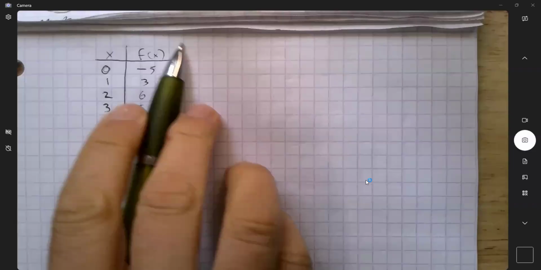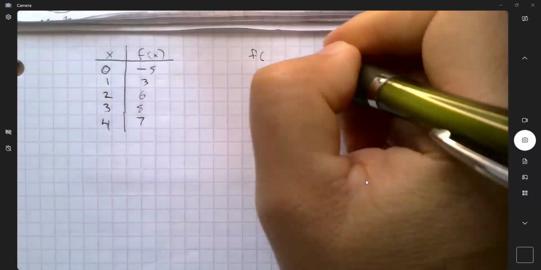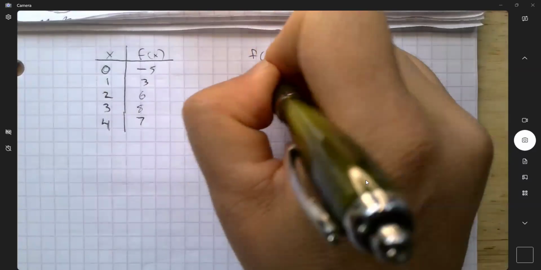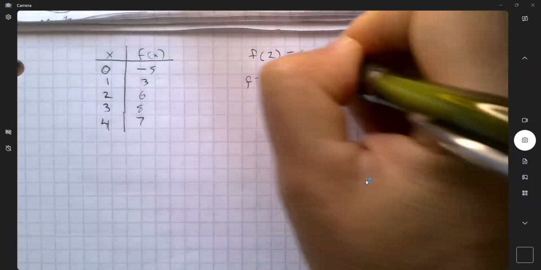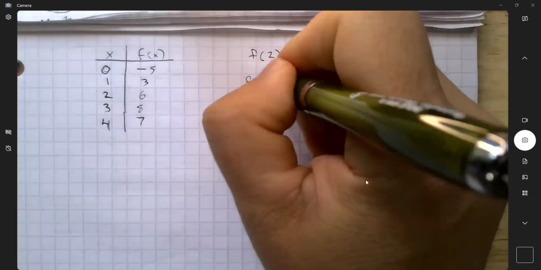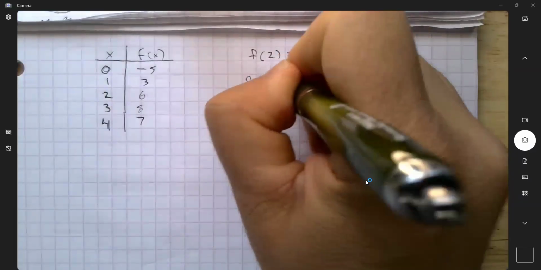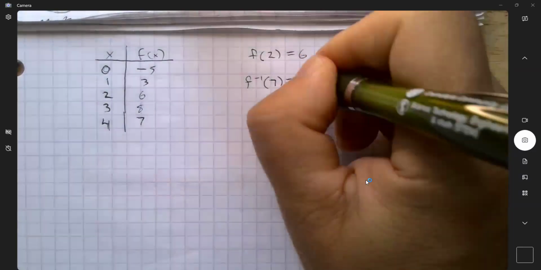And I have all the information in this one table about my function and my inverse function. Because I could say, what's f of 2? That's 6, because the input is 2, the output is 6. I could say, what's f inverse of -7? That means the output is -7 and the input is 4.